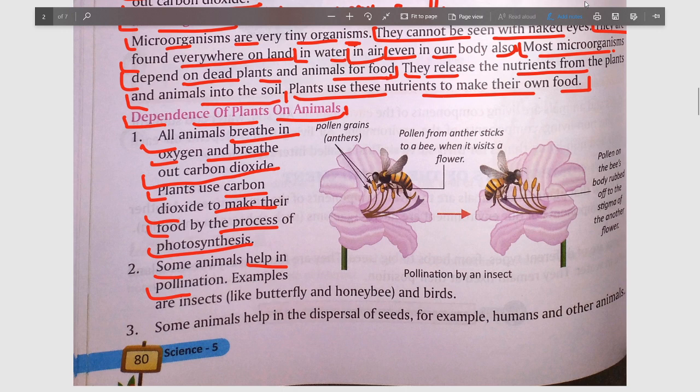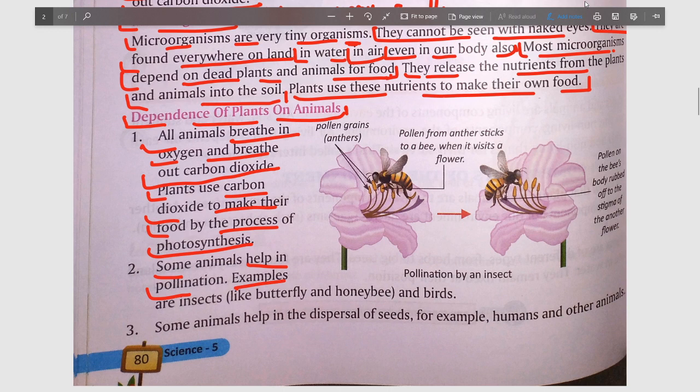So pollinators are very important for pollination, and if there is no pollination, what will happen? No flower, no fruit, no crop. So in this way also you can say that plants depend on animals.